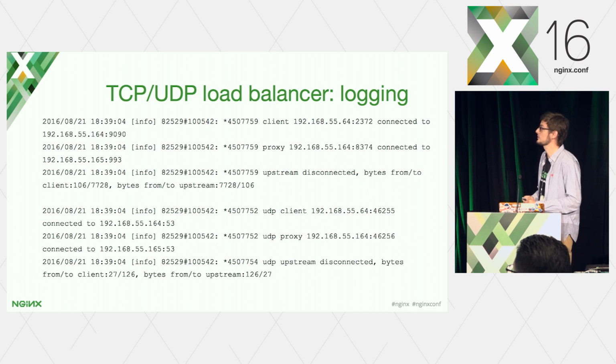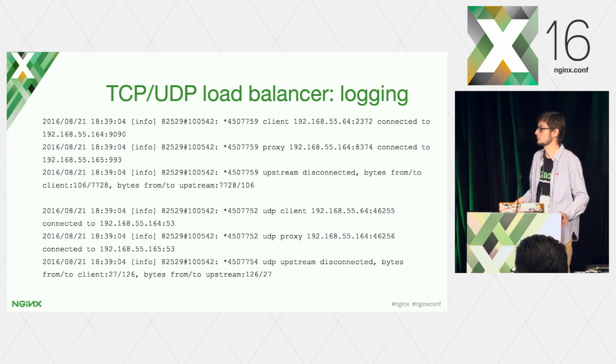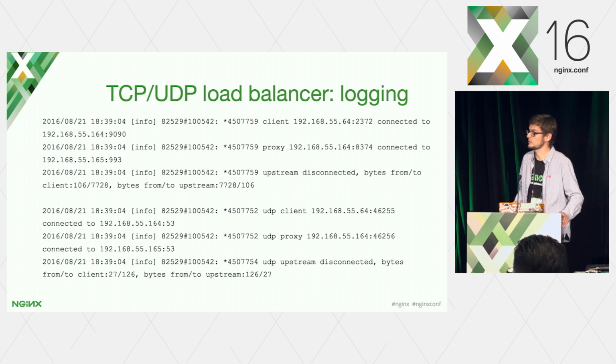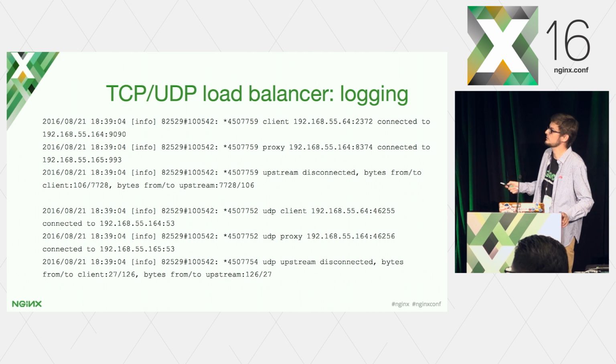In the current release, there is a preliminary logging available. Because we all know that we need to do some analysis of what's going on with our load balancer. Currently, the logging is available only in the error log, where you can see the client IP address and port, and this is our IP address and port our server is listening on.